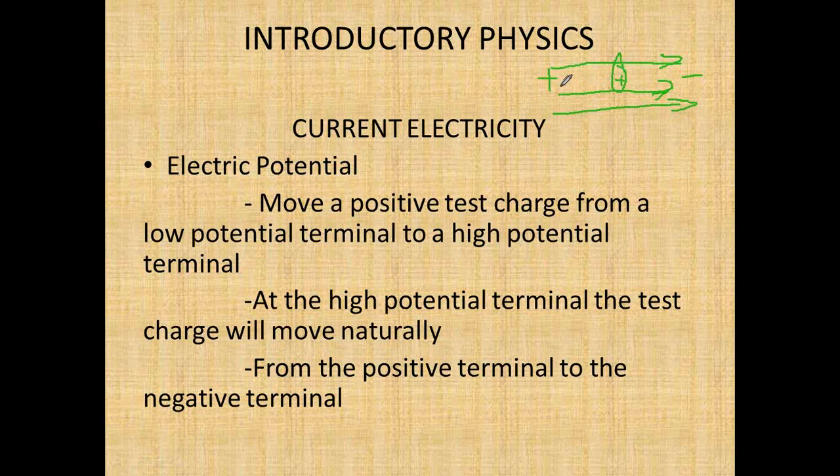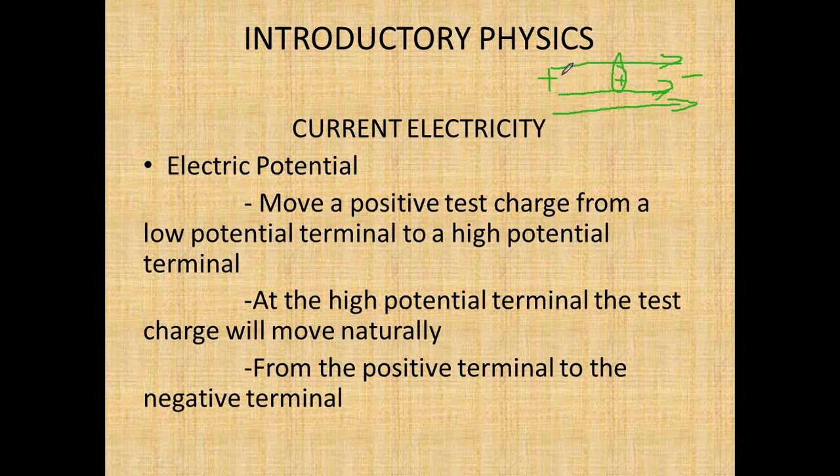And say you bring it closer, so it's going to have more potential energy because you bring it closer to the positive source charge. If you were to release it now, the natural tendency would be for the positive test charge to be repelled.